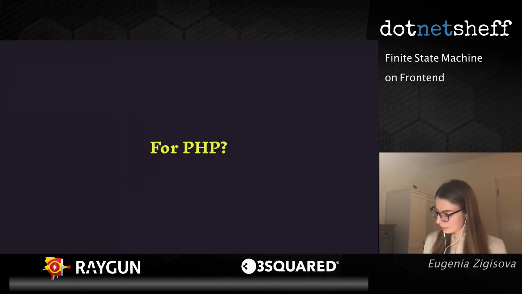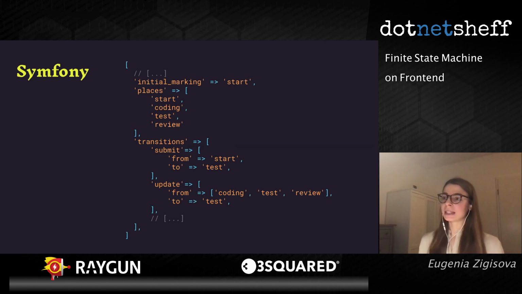I had a chance to work with PHP last year, and I asked my teammates if they have any experience with state machines. One example was from Symfony, which is a framework for PHP applications, and they also provide a state machine pattern. But they advertise it as something you can use to implement different workflows.